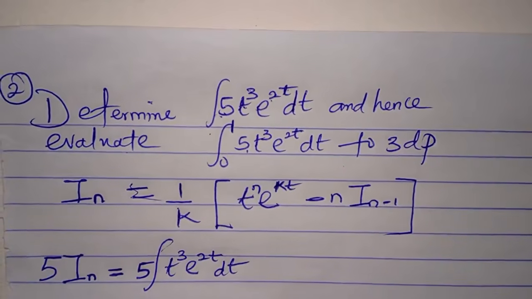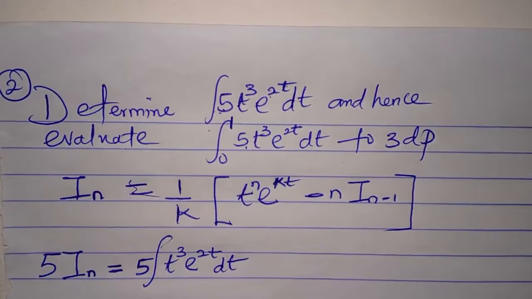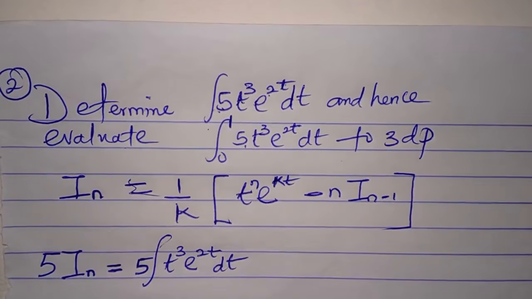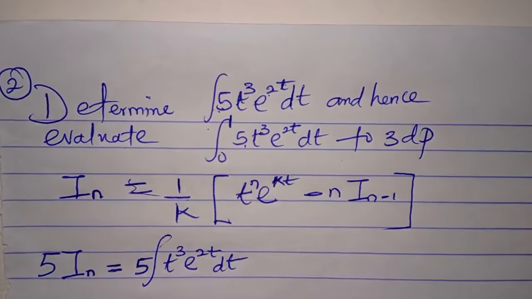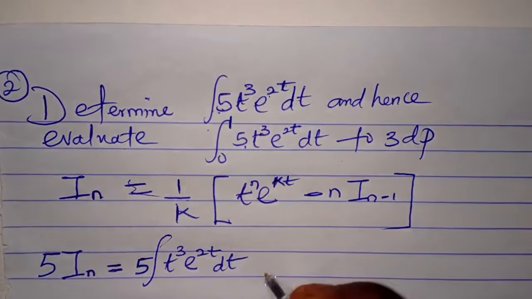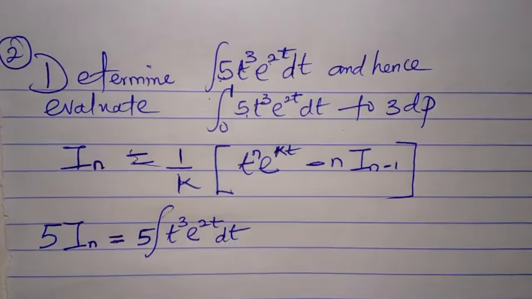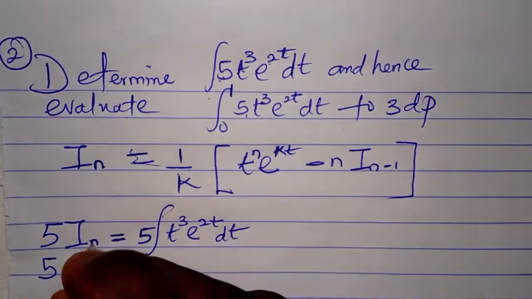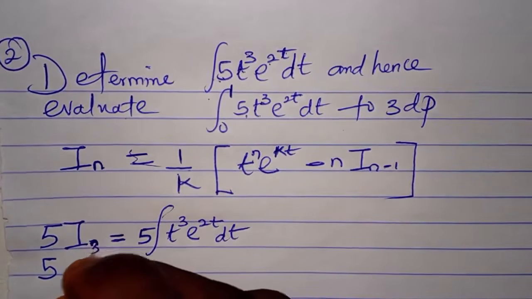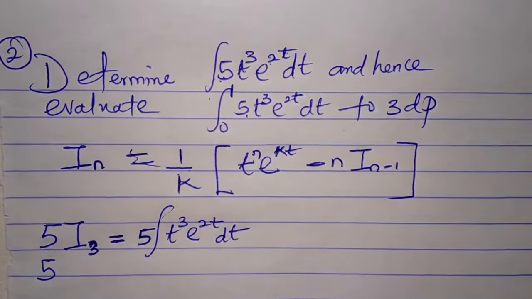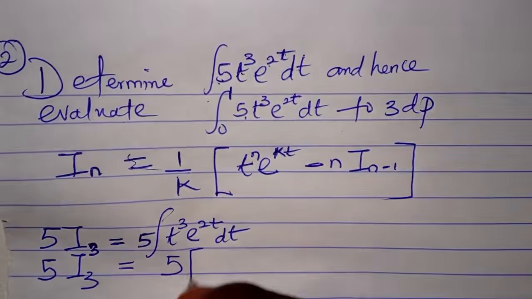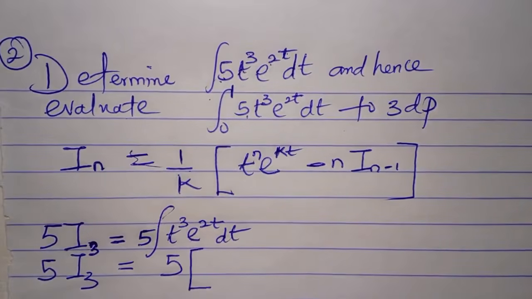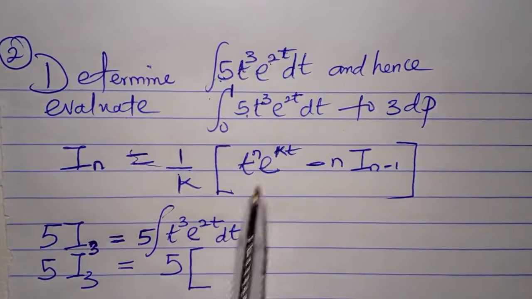So in essence, we are determining 5 I_n. N is 3, right? If you compare, n is 3. So let me just put the 3 here.